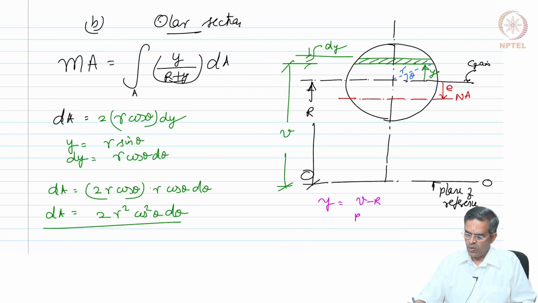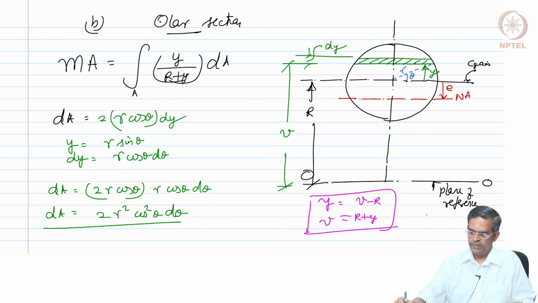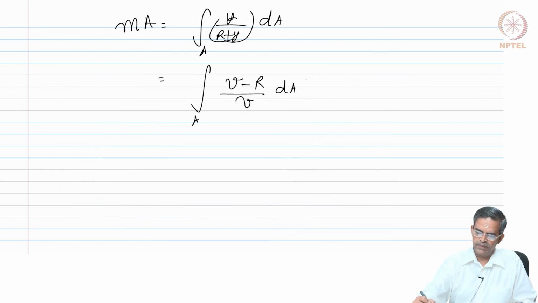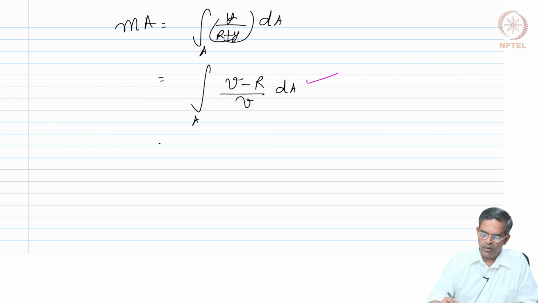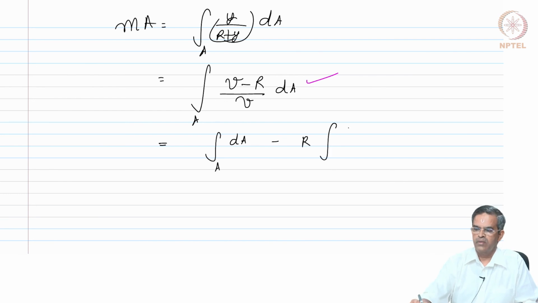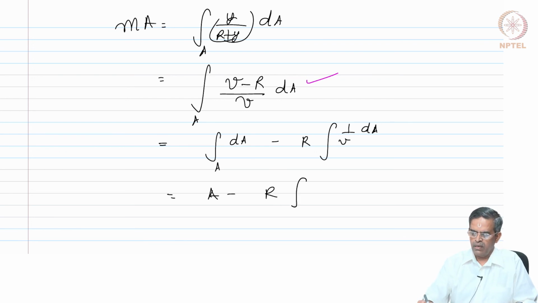And r plus y is of course v, right? So I am using it here. Now, this will reduce to the form integral dA for A minus r times integral 1 by v dA, which will be A minus r times integral 1 by v dA for A. This is my MA. Am I right?